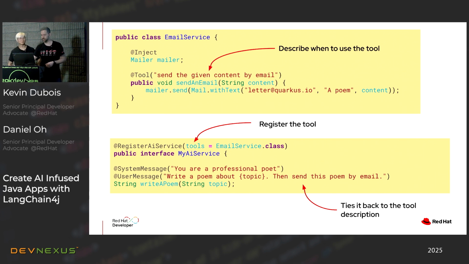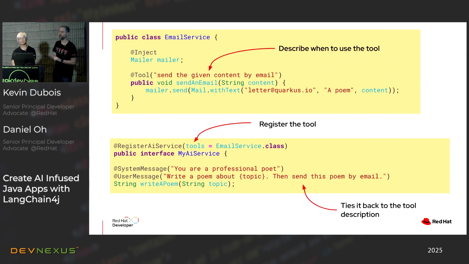You can see here in the user message, write a poem about a specific topic and then send this poem by email. And this instruction matches with send the given content by email. As you'll notice, it's not the exact same phrase, right? It's all about the interpretation and probabilistic nature of LLMs that determines the semantic value of this instruction, and since the description of the tool matches, it's going to call this tool.